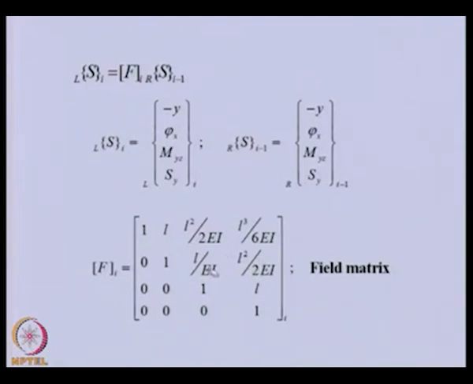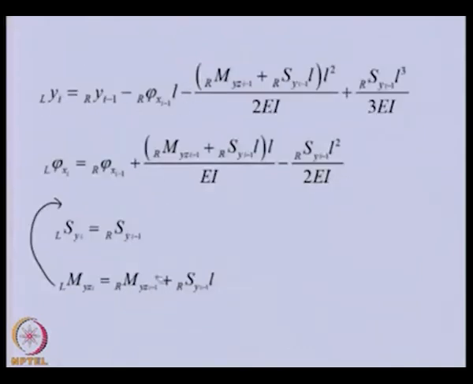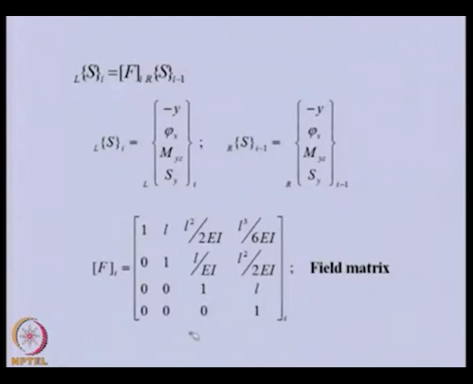So if we substitute this here and multiply, we will get all the 4 equations which we have derived. We can see this is the field variable and field matrix. Earlier in the torsional vibration case, the size of that was 2 by 2, but now it is a 4 by 4 matrix.